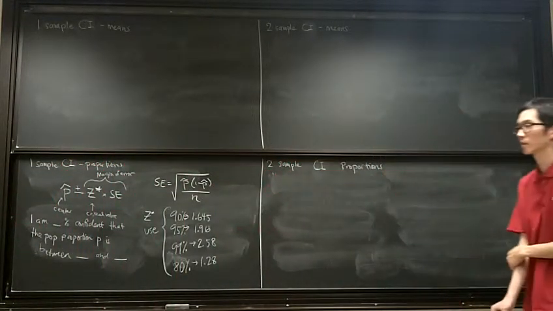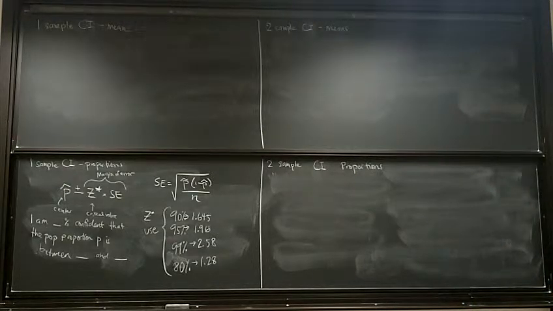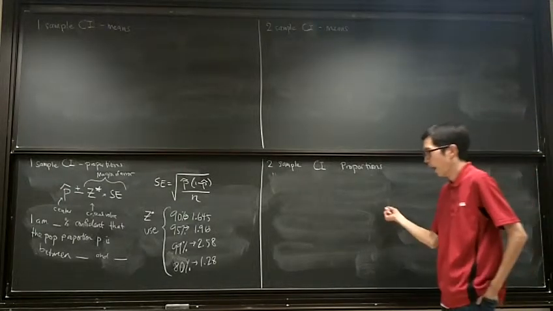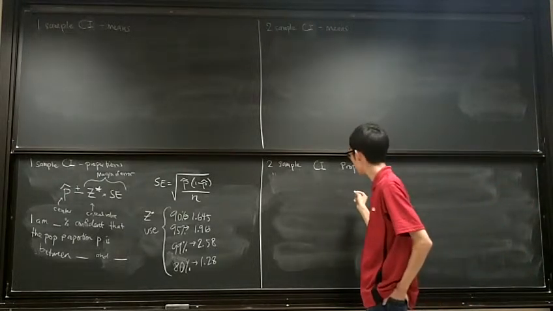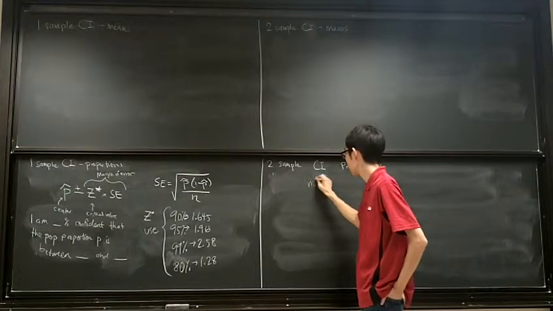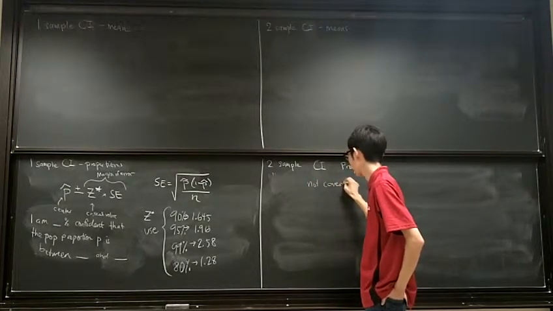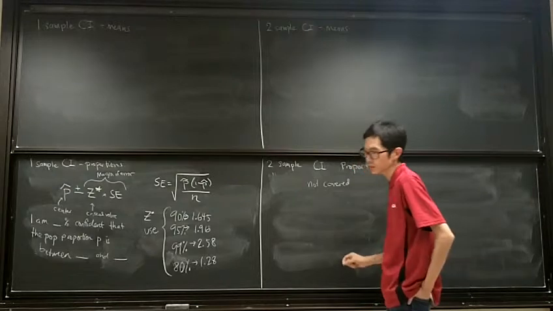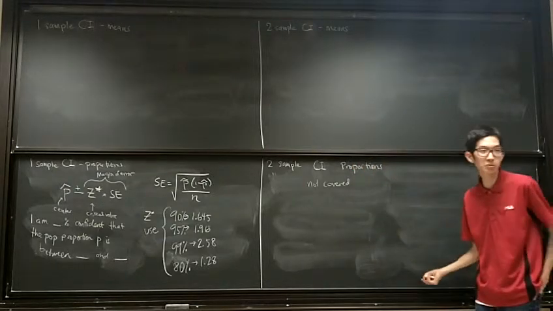Are you going to give us the confidence level and the margin of error? No, I won't do that. Two sample confidence intervals for proportions are not covered in our class. Other classes might cover it, but we didn't do it.